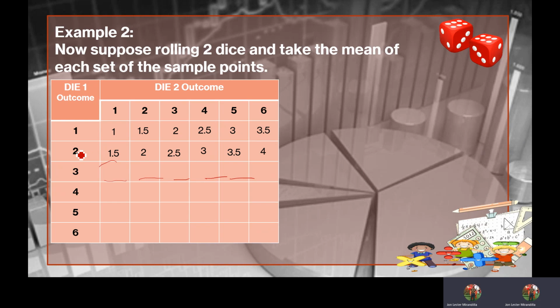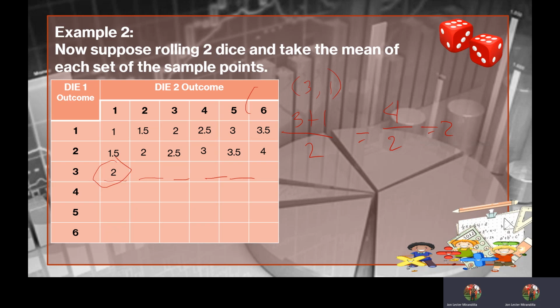Oh, you think, ano yung possible values niyan dito? Or possible means? It's a combination of outcomes of 3 and 1. So, 3 plus 1 divided by 2. So, 3 plus 1 is 4 divided by 2 is equal to 2. 2 nga ba yung nandito niya? 2. Okay, ano yung next?